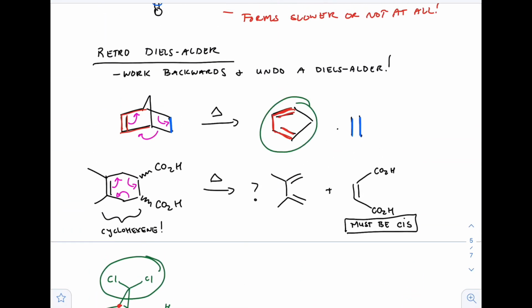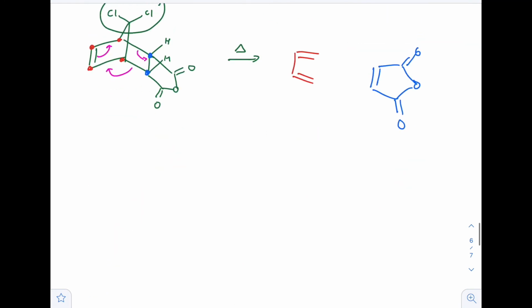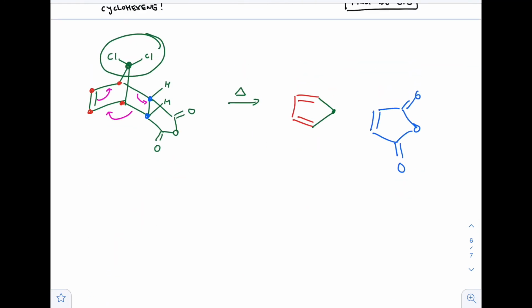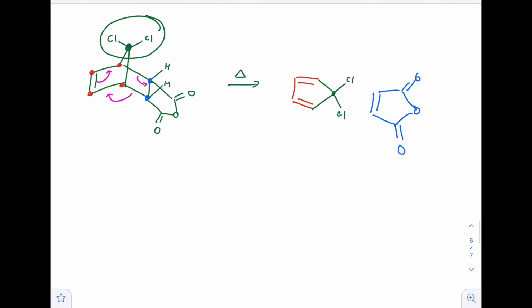And just like that bridged compound was a result of a cyclopentadiene, so is this one. But this bridged compound has 2 chlorines on it because it does in the fused ring also, the bicyclic compound as well. All you have to do is make sure you're labeling or highlighting all of your carbons just to keep track.